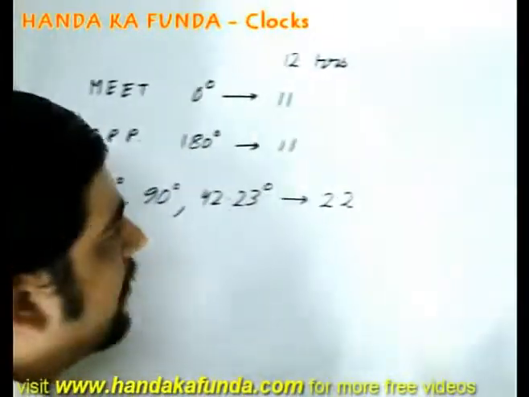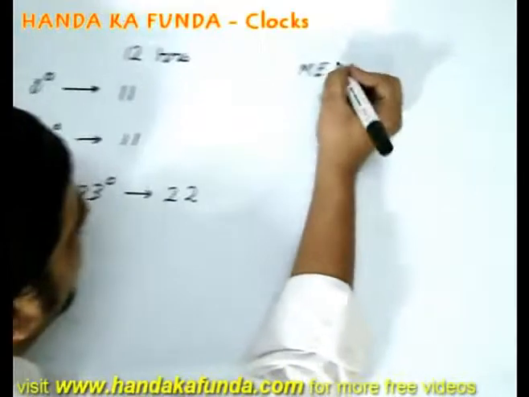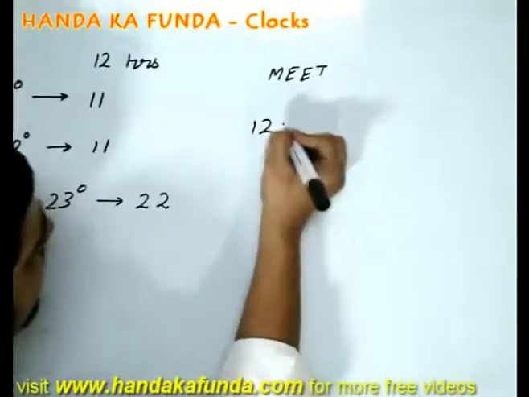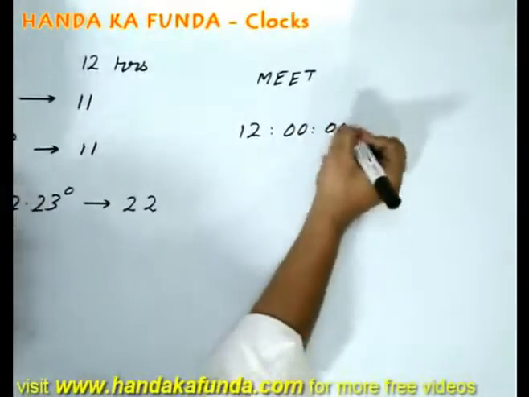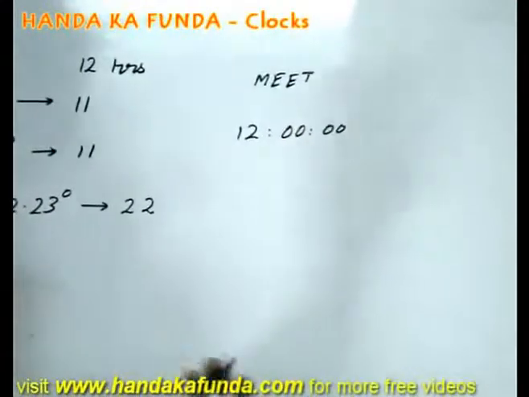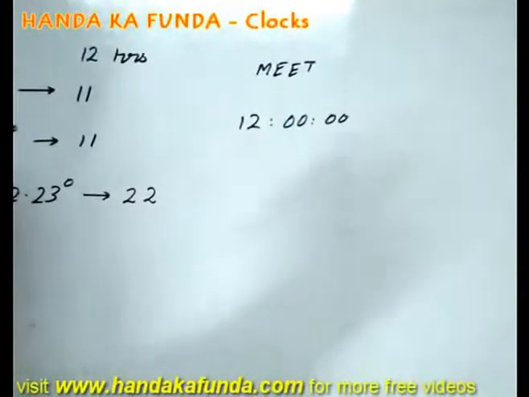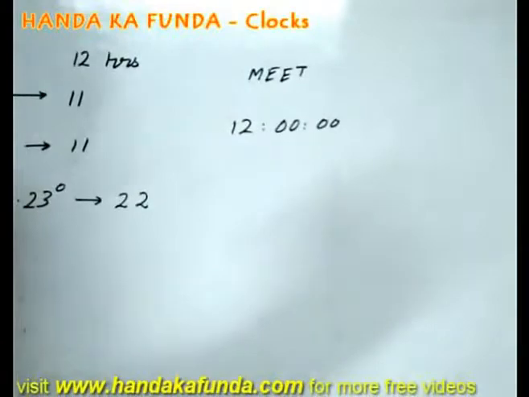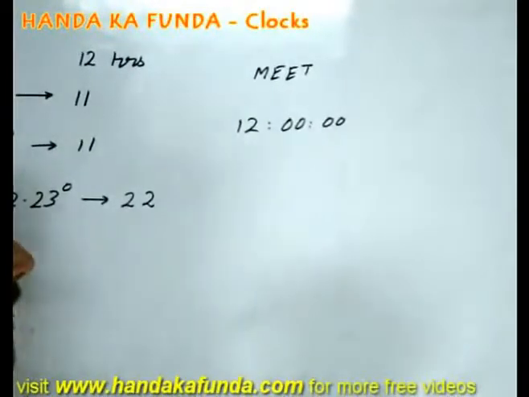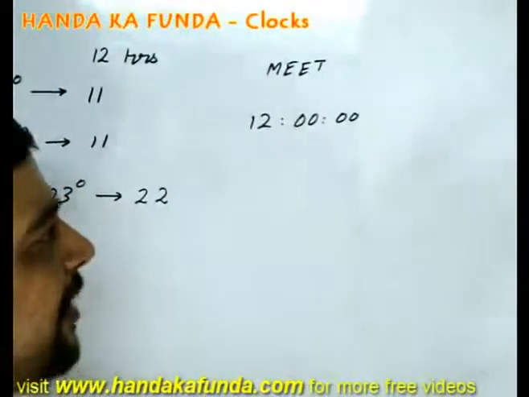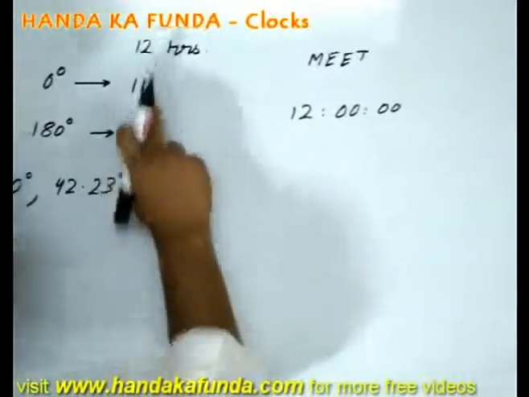Another point we can look at is, we know that the meeting occurs exactly at 12 o'clock. When will the next meeting occur? I can say roughly around 1:05, because that is when the overtake between 1 and 2 will happen. But that is not the case. For the exact time, you need to figure out how many times the meeting is happening.